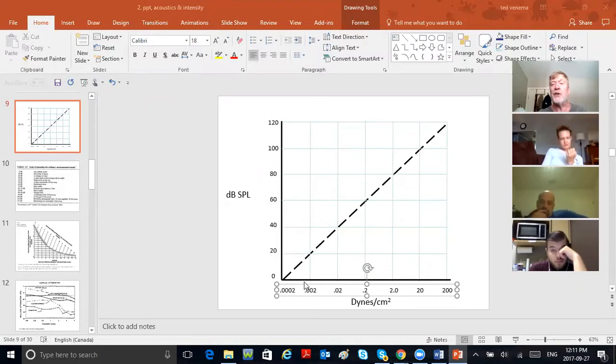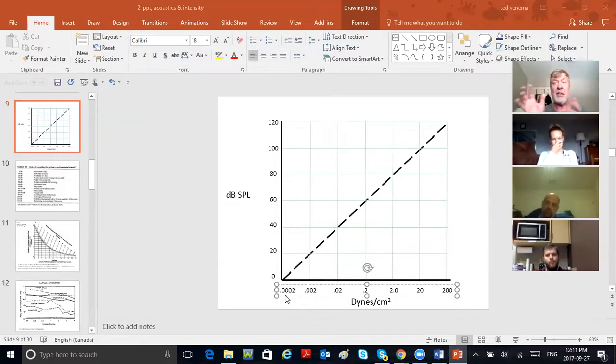All dB SPLs are referenced to that. That's why you did that ratio. dB SPL is equal to 20 times the logarithm of that ratio. And what's the denominator of that ratio? It's always 0.0002. So all dB SPLs are referenced to this ground. But gain, that's relative.